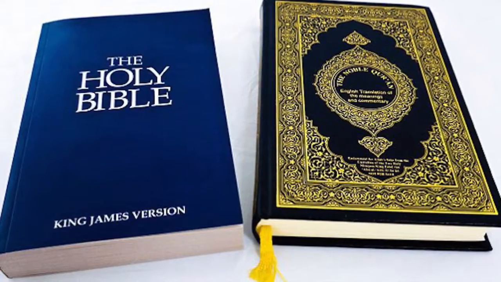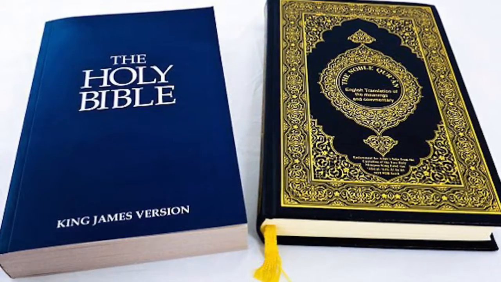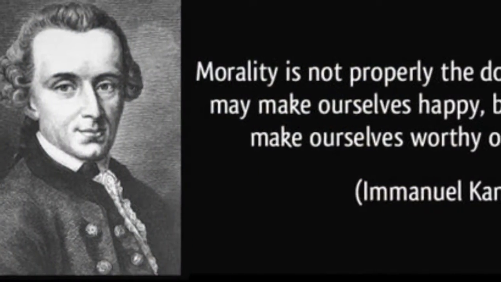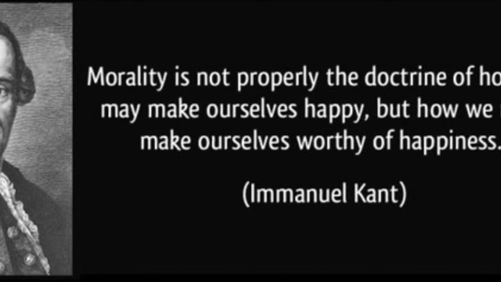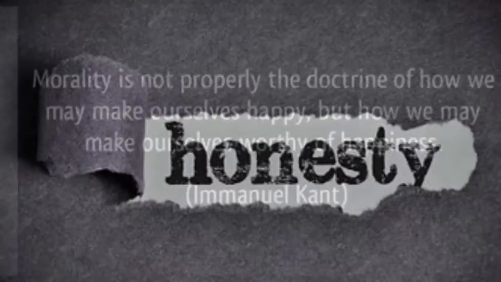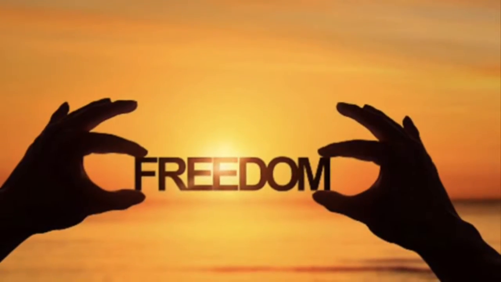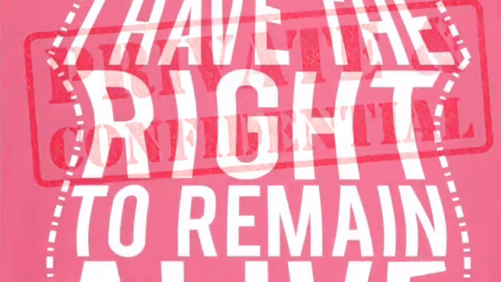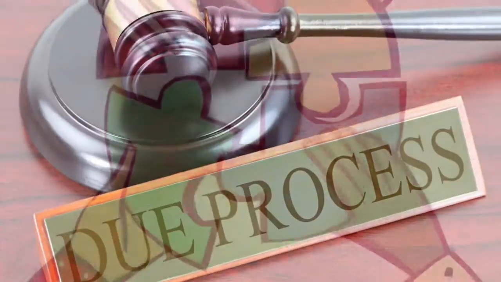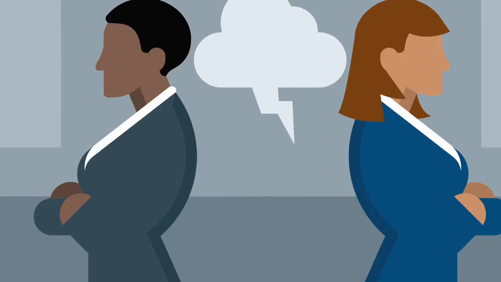These ethical principles are derived from precepts in major religion and philosophical beliefs that are necessary for a functioning society. First-order ethical principles include honesty, freedom, self-determination, confidentiality, the right to stay alive, due process, fairness, and social justice.